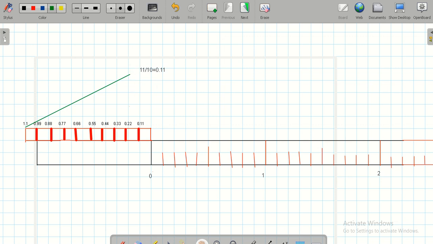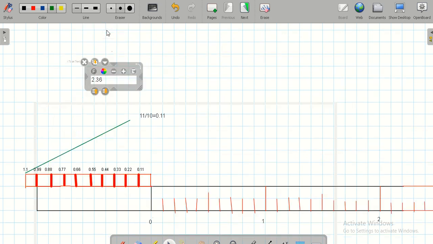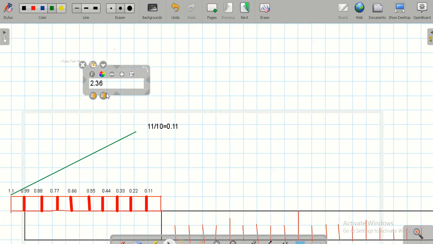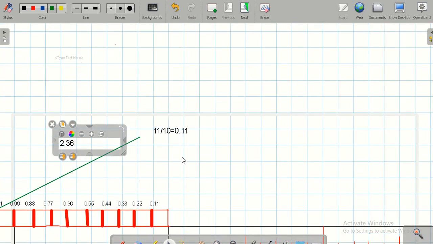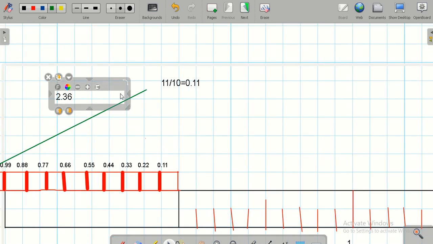Suppose you have been asked to measure 2.36. It's very simple with the Vernier scale. How? To measure 2.36 you have to think what to subtract from 2.36 so that I get a number with 2 decimal places.